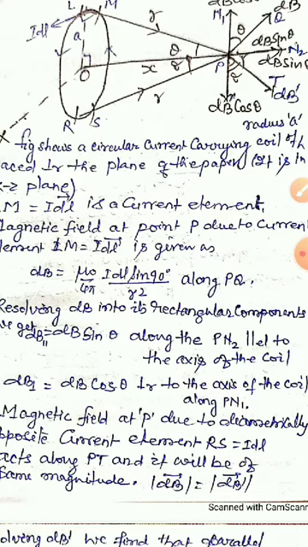Now resolving dB into its rectangular components, we get dB sin theta in the direction of axis. So we are calling it a parallel component. Parallel component of magnetic field is dB sin theta, and perpendicular component of magnetic field is dB cos theta.